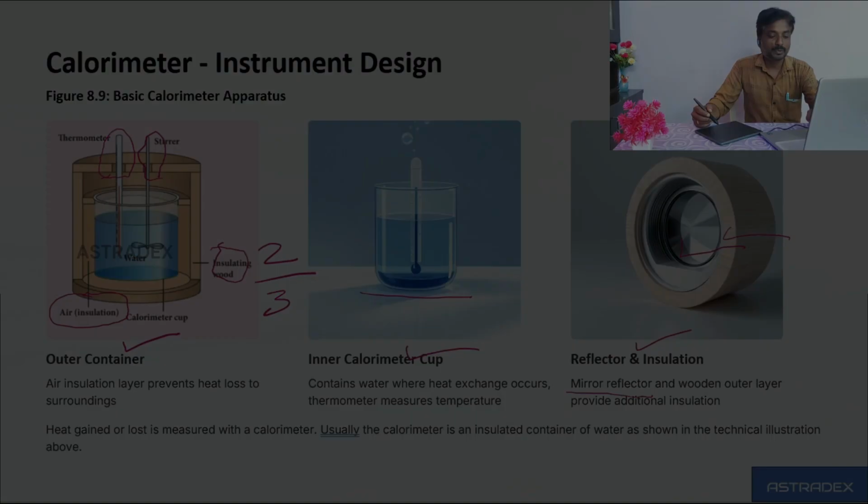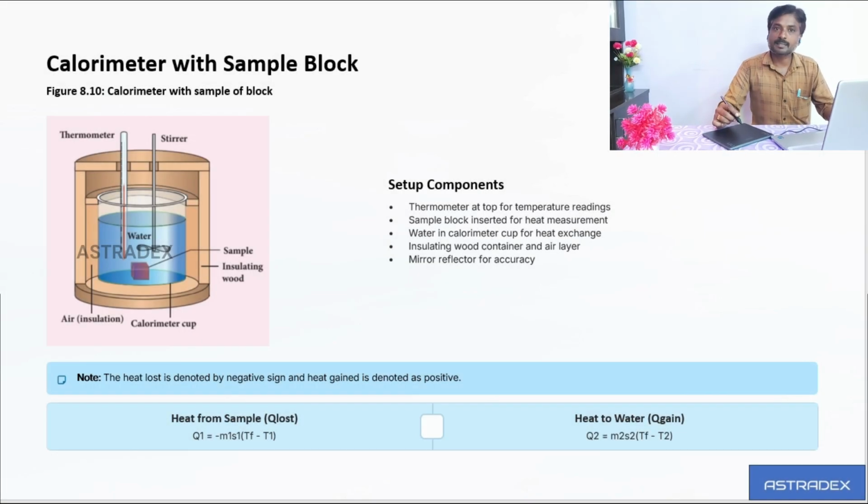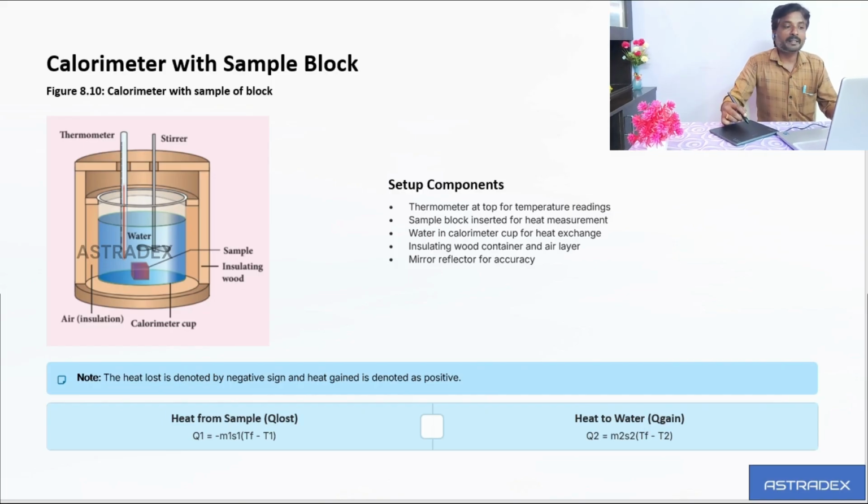The next one is the calorimeter with a sample block. The initial temperatures of the water and the sample are measured with the help of a thermometer as T1 and T2.